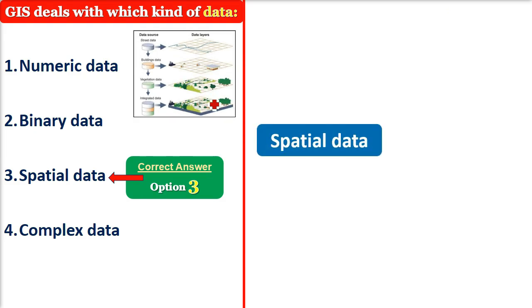In GIS, the most important and the only data which is taken up by GIS is spatial data. So the GIS deals with spatial data. Now spatial has come from the word space. Space means area, location, any data having location information.